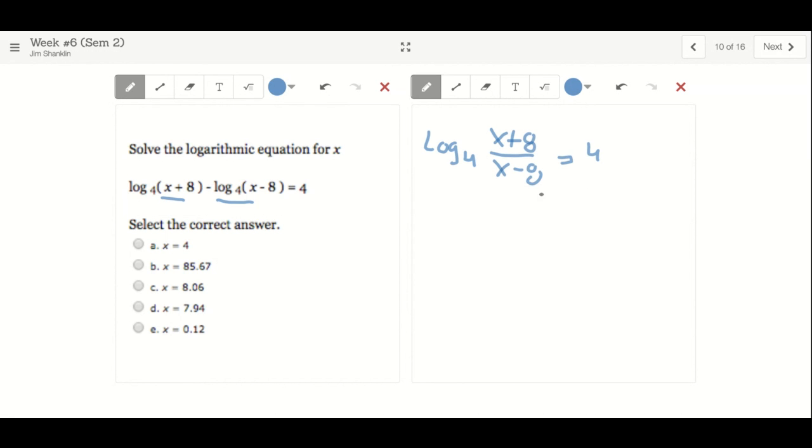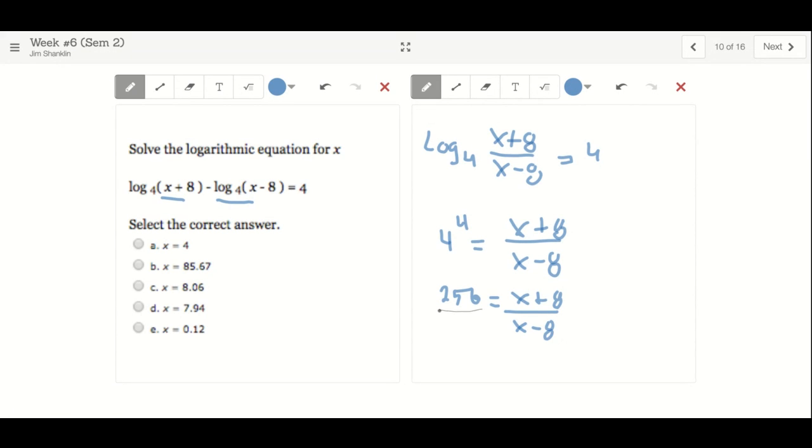Now I've got one logarithm. Usually when I have one logarithm, that tells me that I should rewrite it as an exponent. So 4 to the 4th power is equal to x plus 8 over x minus 8. Well, 4 to the 4th power is just a number. It's 256. So now I've got 256 is equal to x plus 8 over x minus 8.